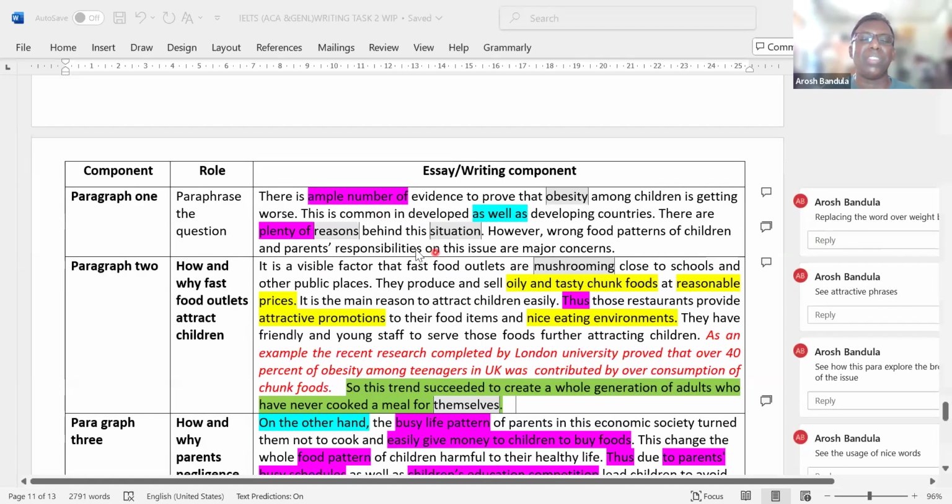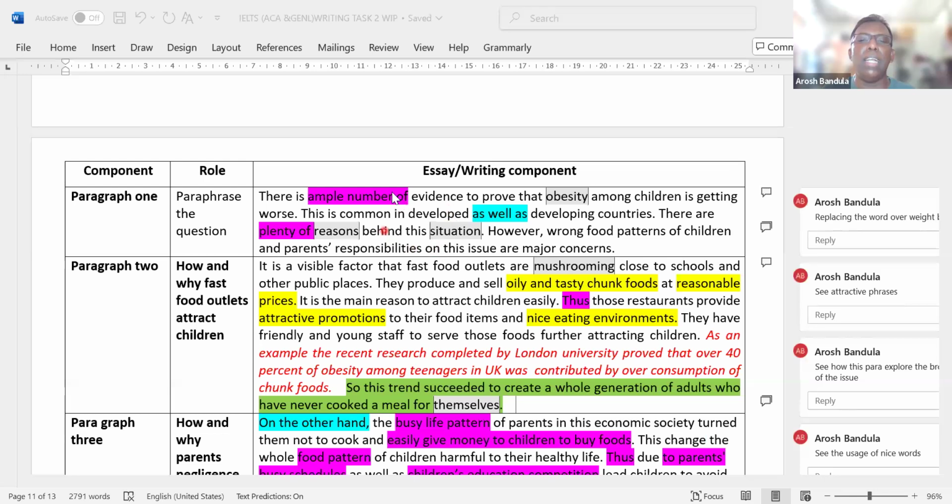Right, good. Now you can see the way I transformed the idea of the question by paraphrasing it in my own way. There is an ample number of evidence to prove that obesity among children is getting worse. You see, I started in a different way.